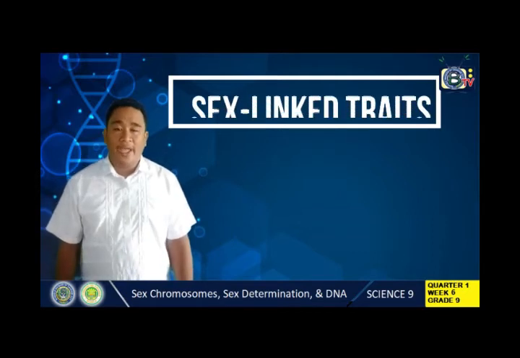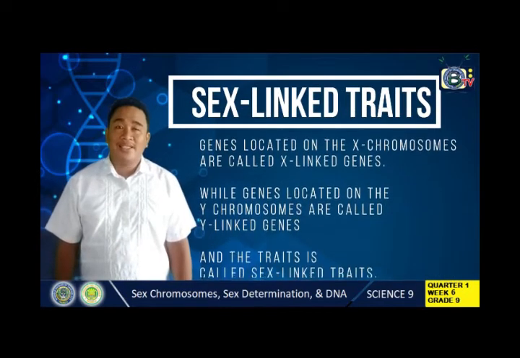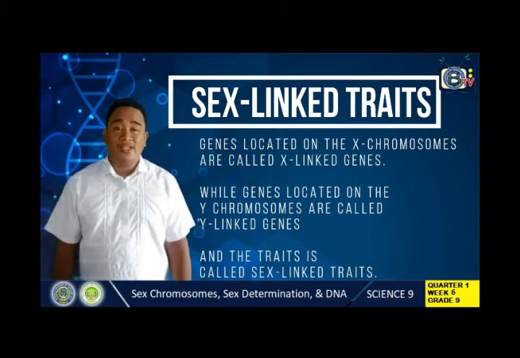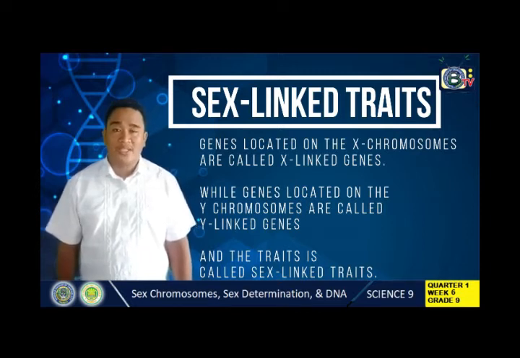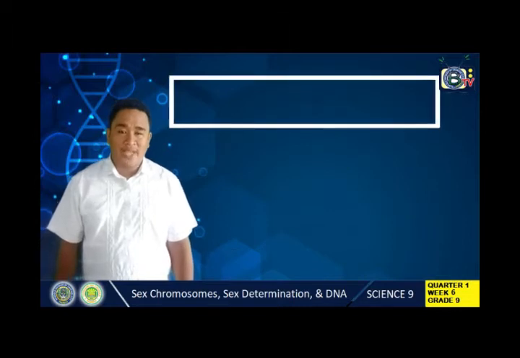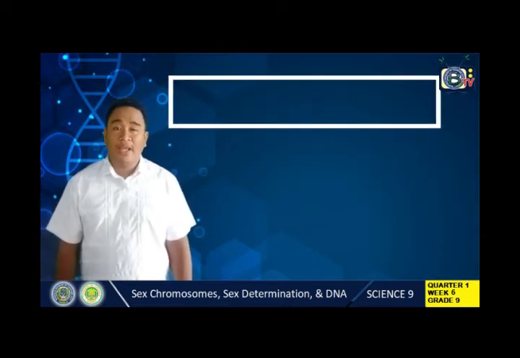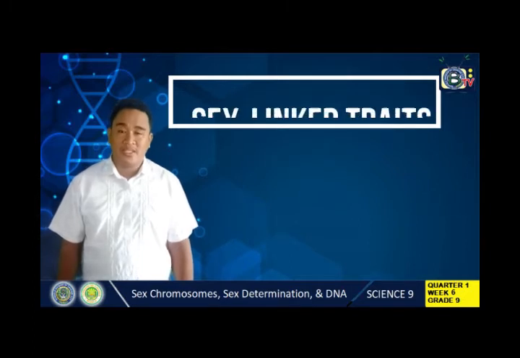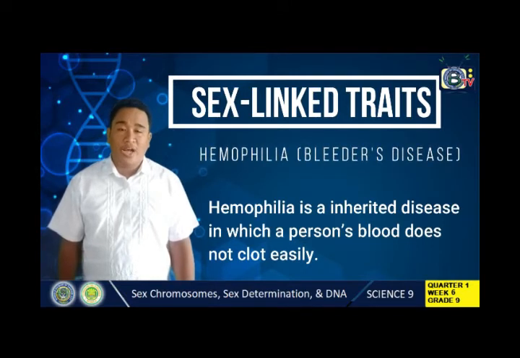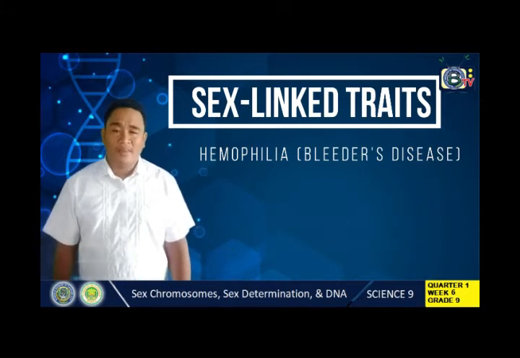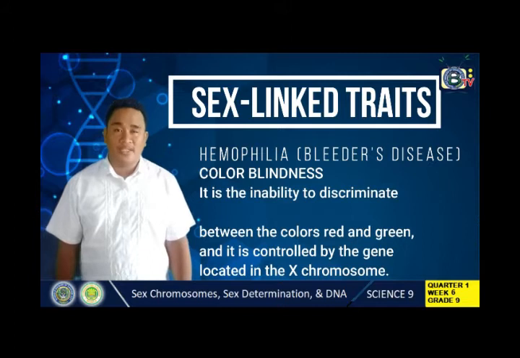Genes located on the X chromosome are called X-linked genes, while genes located on the Y chromosome are called Y-linked genes, and the traits are called sex-linked traits. Examples of sex-linked traits are hemophilia, or bleeder's disease. Hemophilia is an inherited disease in which a person's blood does not clot easily. Another example is color blindness.